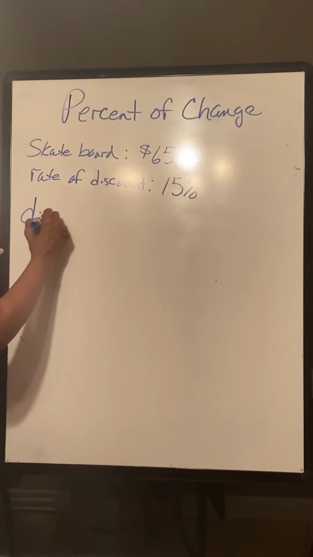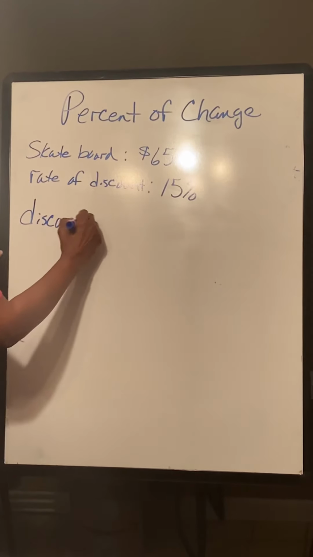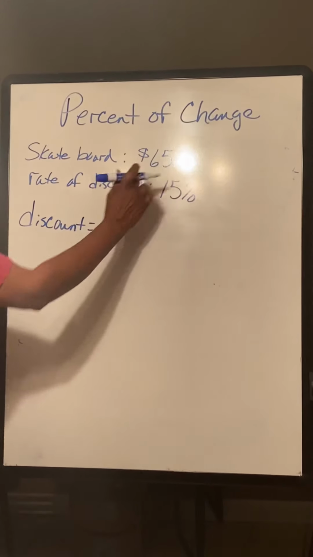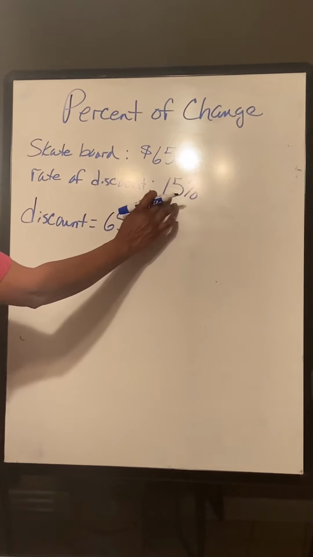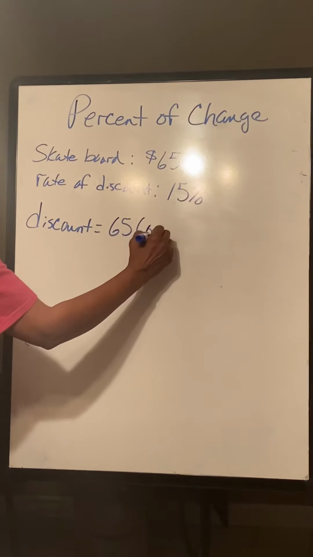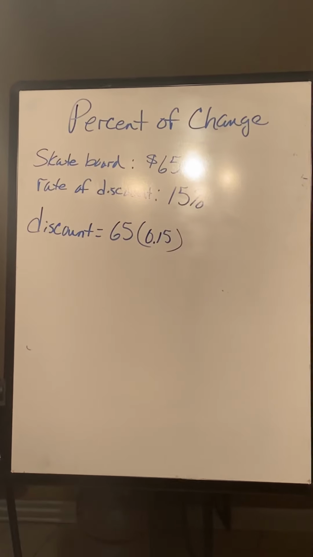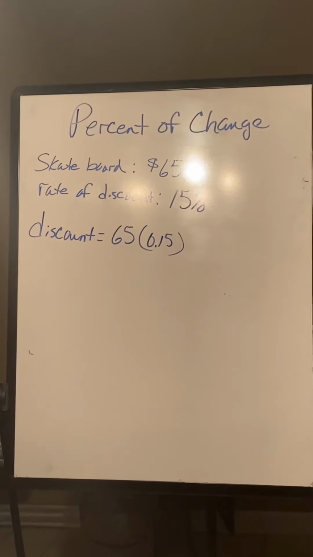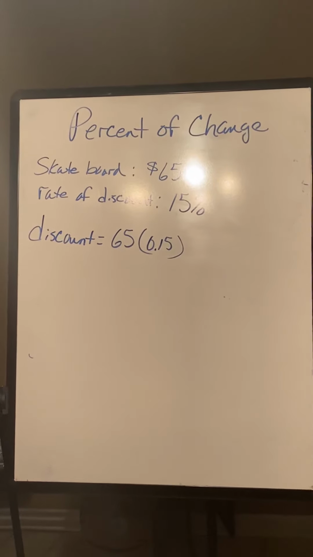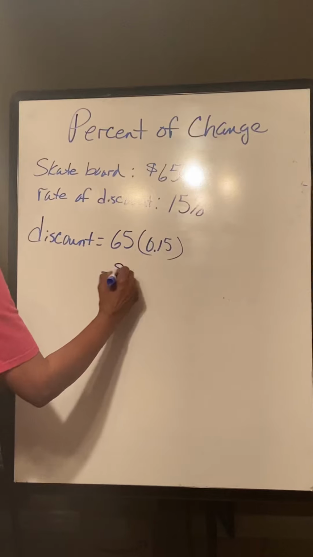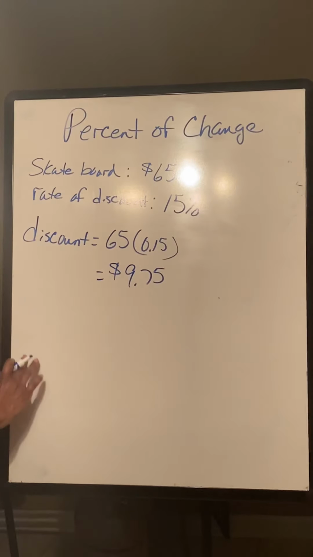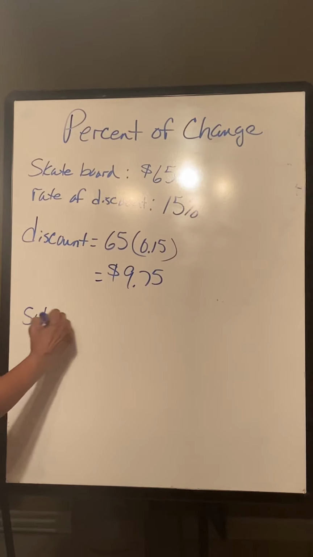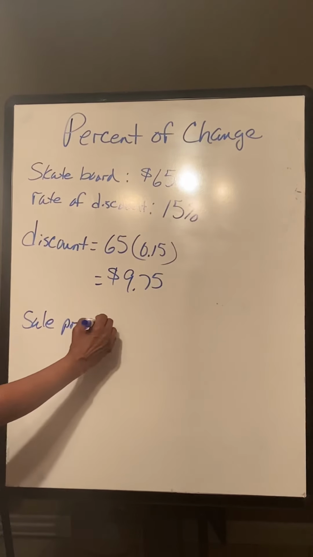So my discount will be equal to the original price, 65, times the rate of discount, let's write it as a decimal, 0.15. Again, take your calculator and do your multiplication. The discount is $9.75. To get the sale price, always label your work.